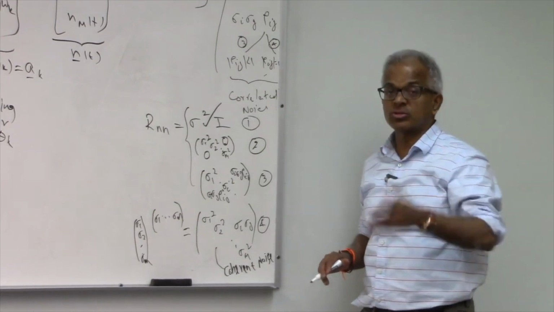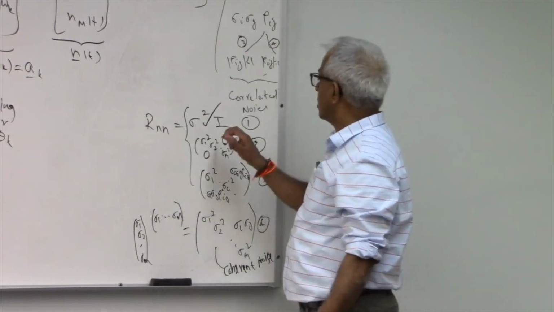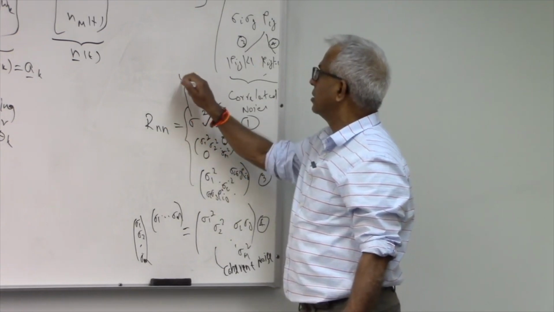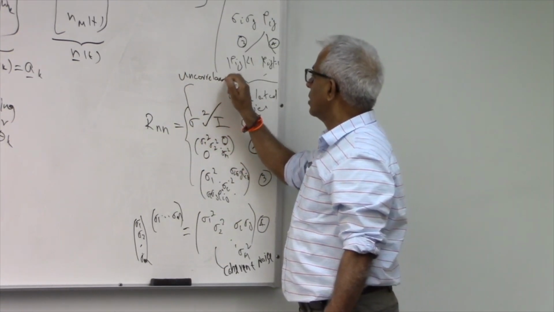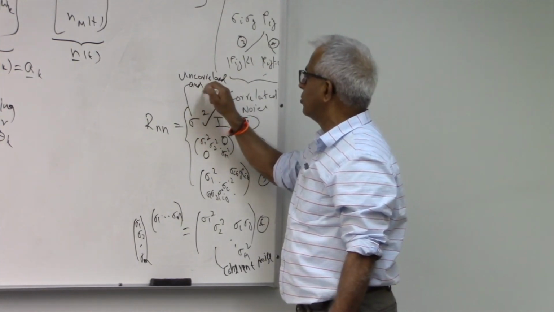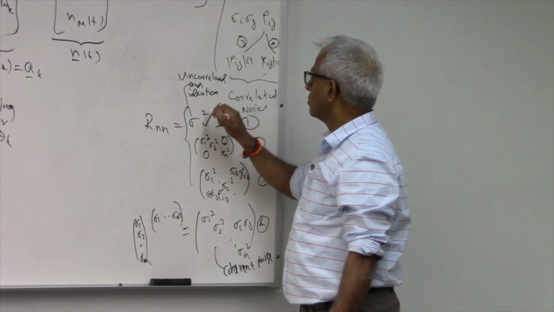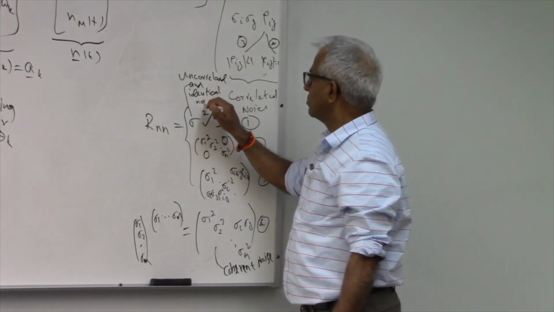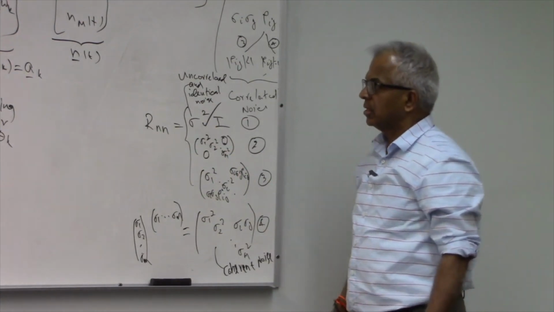But coherent sources you can't, that may be natural. So this is uncorrelated and identically distributed: identical noise from sensor to sensor. They all have the same power, etc.